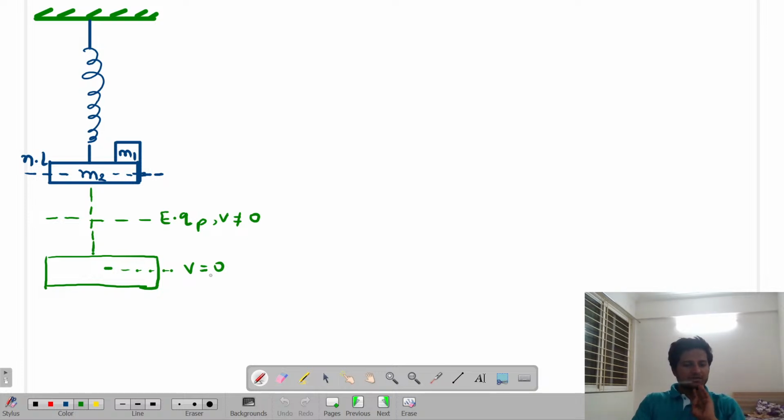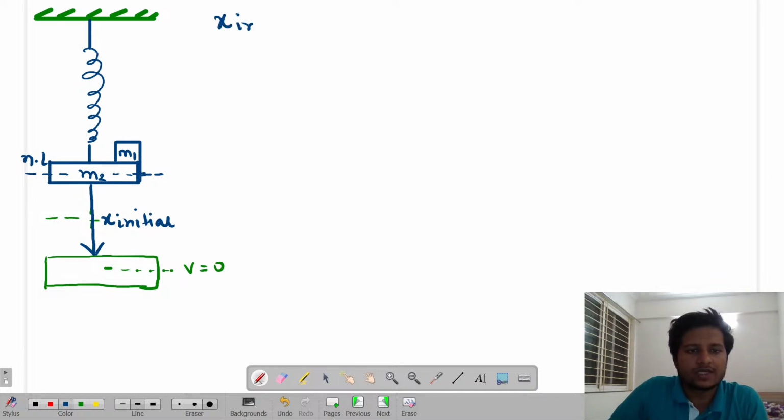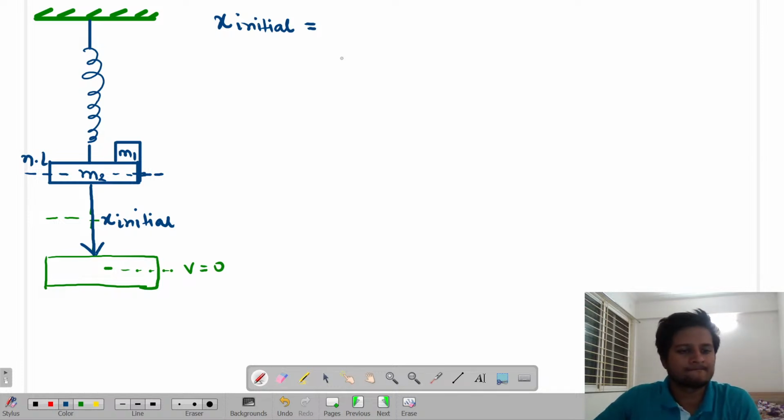At the equilibrium point, I know the velocity is never zero. So I'm considering where its velocity is zero. Let's suppose this is my displacement, I call it x initial. Is that clear? So can you tell me what will be the value of x initial?